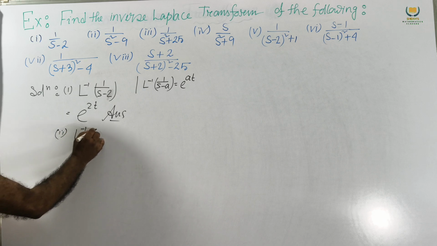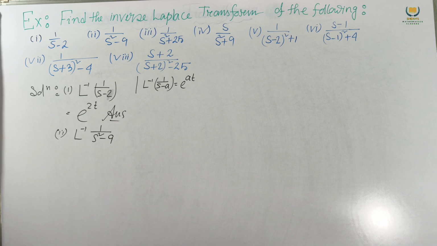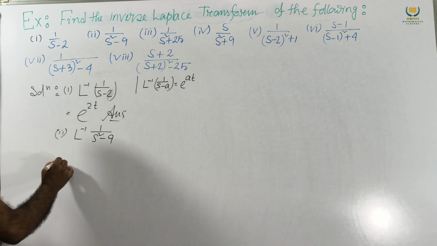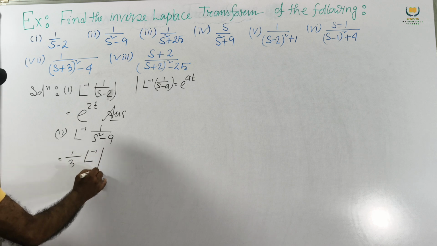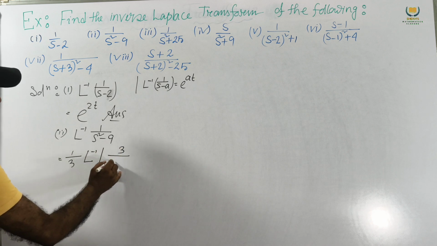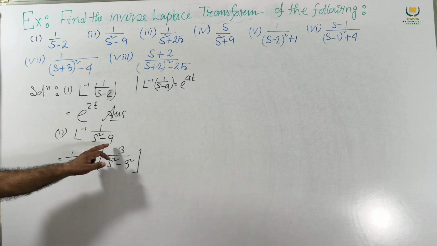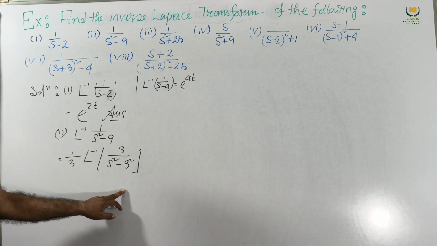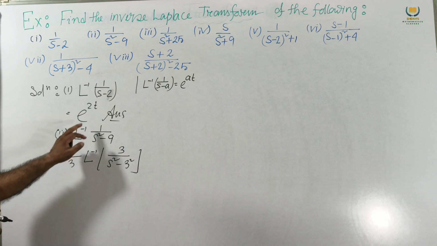Next, number 2. L inverse 1 by s square minus 9. This can be written as 1 by 3 L inverse 3 by s square minus 3 square. This 9 means 3 square, and this 3 we write here, and here also 1 by 3. This 3 cancels, we get 1.